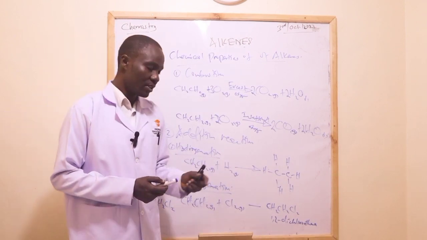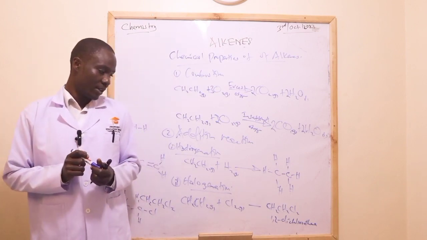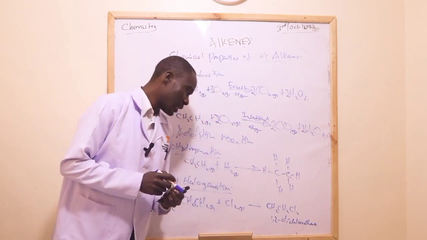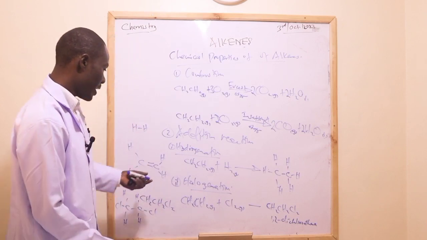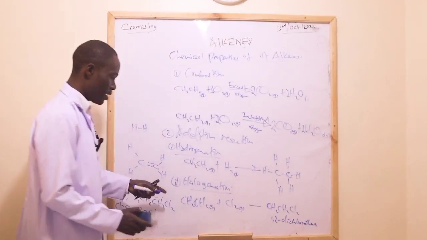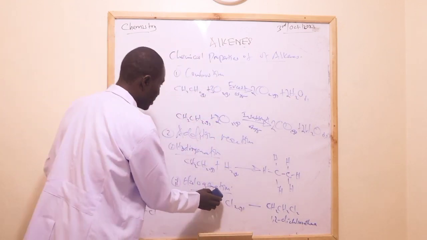It also happens with bromine to form 1,2-dibromoethane, and iodine to form 1,2-diiodoethane.